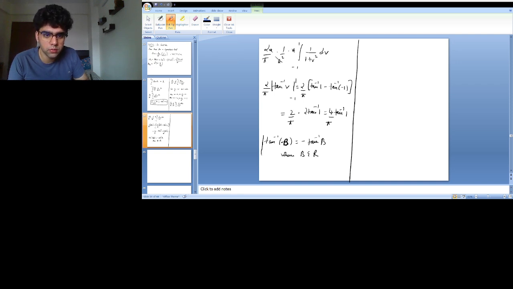This is just a property, so just remember this. Right, so I shouldn't be writing this b belongs to r. b can be anything, whether it's a variable or a number. This holds true. This is just a property.